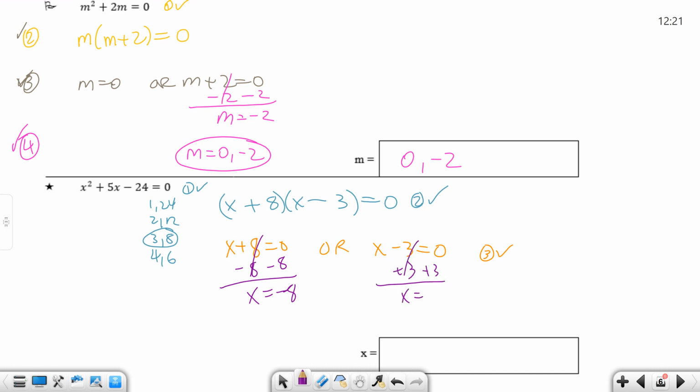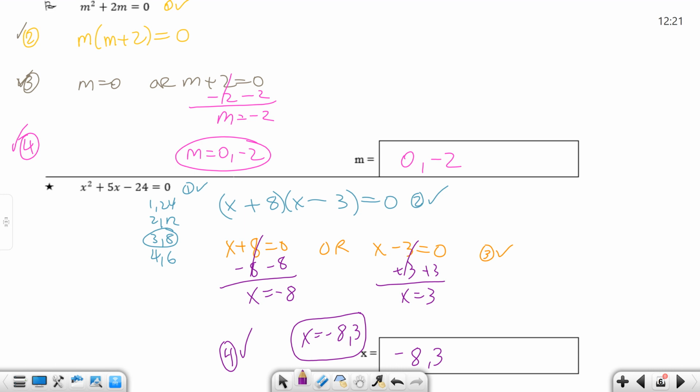Positive 3. So then x equals negative 8 or positive 3. And step 4 is now done. So negative 8 or positive 3. And I'm going to fix this here because I don't like it. Fix that. Negative 8.